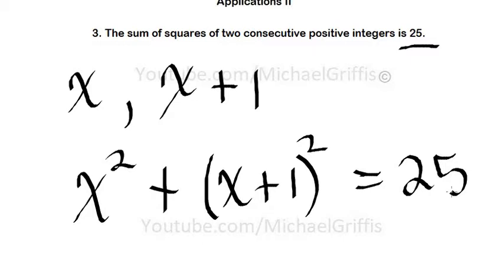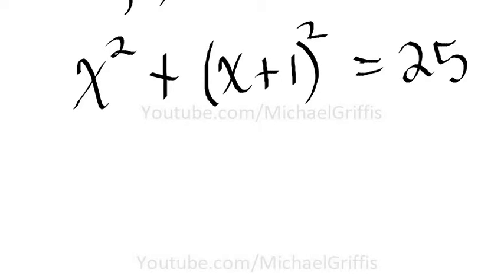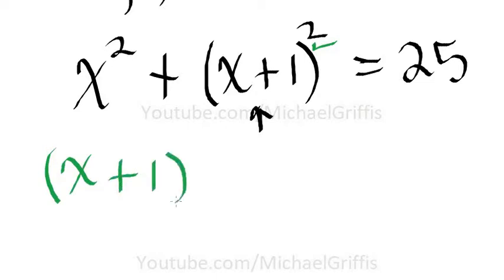So what we want to do is get this looking like the quadratic equation, in standard form. We need to multiply this one out for sure. Because there's two of them, we can write it like this: x plus 1 times x plus 1.